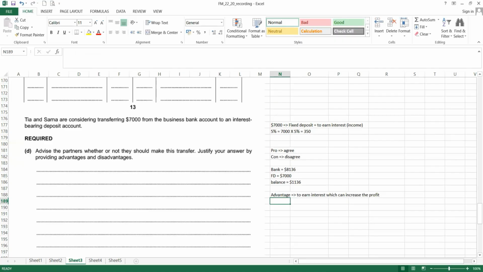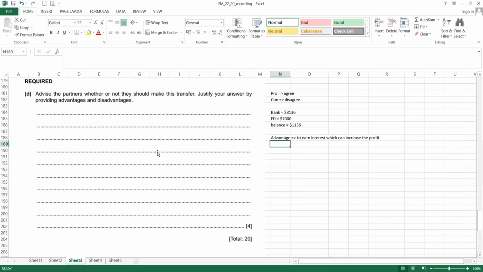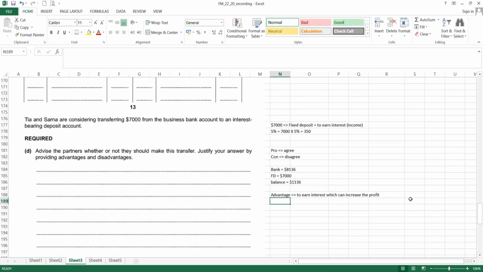That is advantage. When you come to this type of theory question, you need to see how many marks they allocate. So since they only allocate 4 marks, you can try to put 2 advantage, 2 disadvantage, after that conclusion. More than enough already.